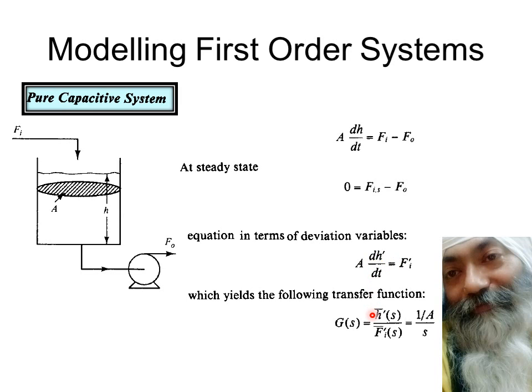What you have ultimately is that, because you are taking everything in terms of deviation from the steady state, the advantage of doing this is that at t equal to 0, the steady state value, the initial values are 0. So the transfer function comes out to be: this A goes in the denominator, this Fi dash comes over here, and the s which was there because of the differential of this equation ultimately becomes 1 upon A into s, or you can simply call it 1 upon As also. 1 upon As is equally good.